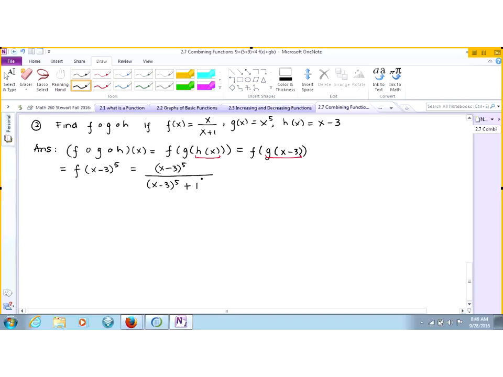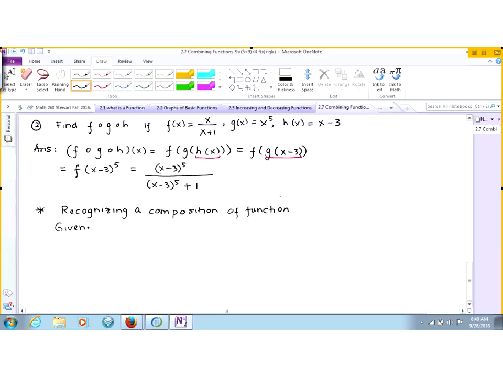Now, the other thing is recognizing a composition of functions. So I'm almost done. After this, I'm done.